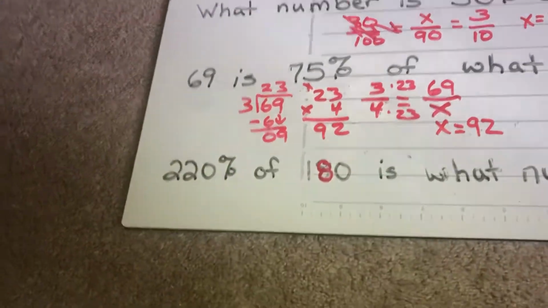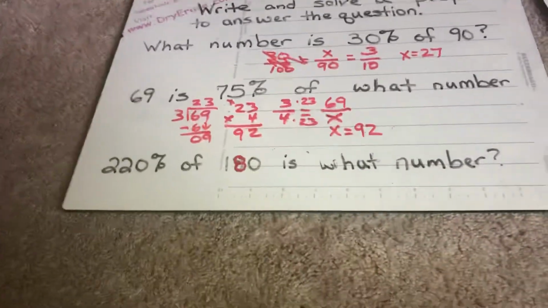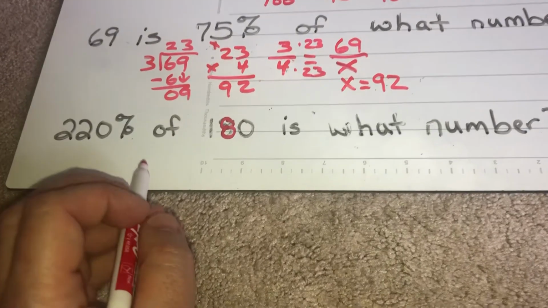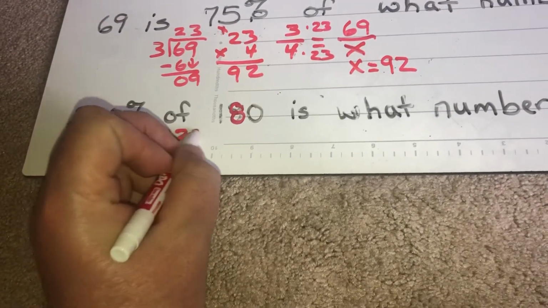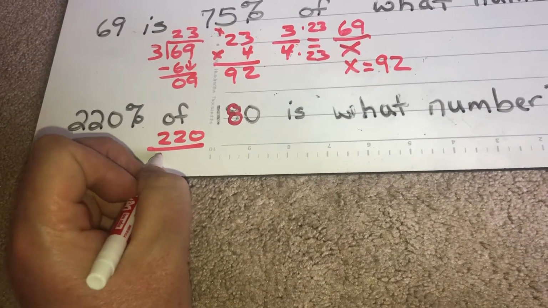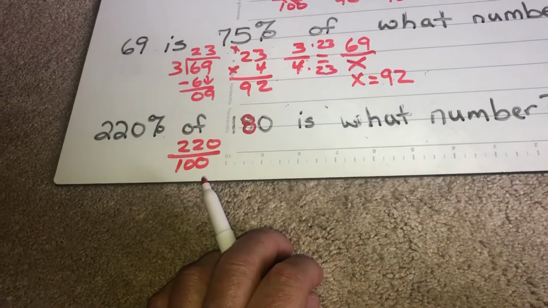220% of 180 is what number? Well, first of all, I have 220%. So I know that that's going to be 220 over 100. And it's 220% of 180.